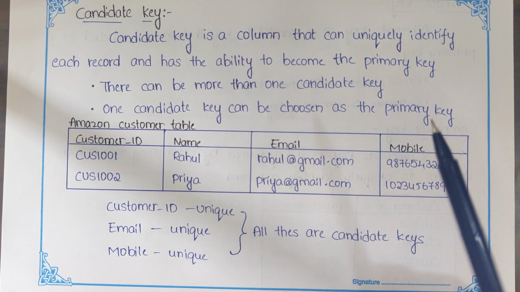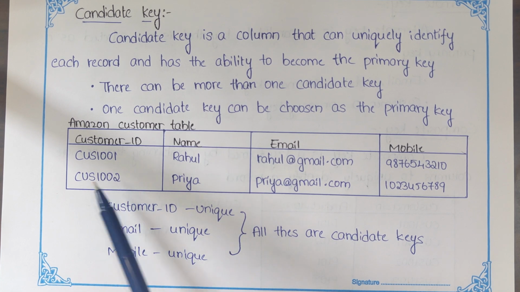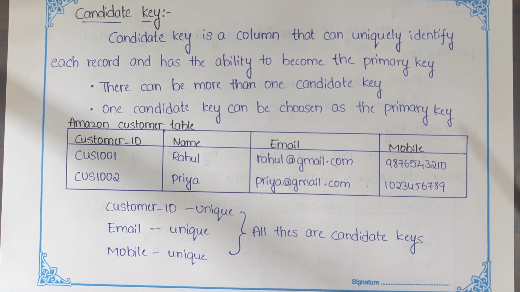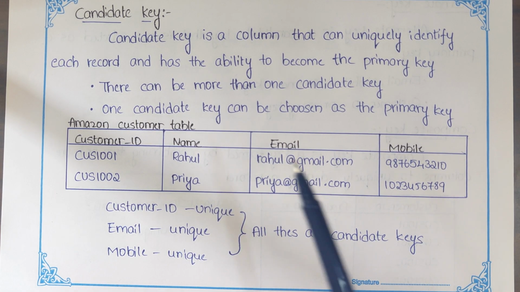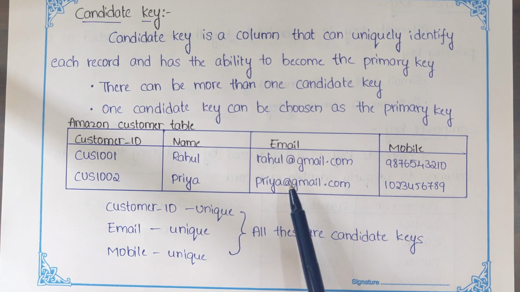I guess you might have a doubt: if these three keys are unique, why can't we consider email or mobile as the primary key? Because after a few days Rahul may change his Gmail ID to rahulwork@gmail.com or rahul123@gmail.com, and after changing, we cannot go and change it in the database.